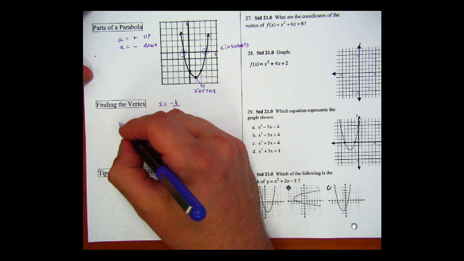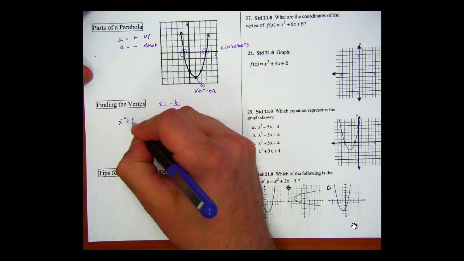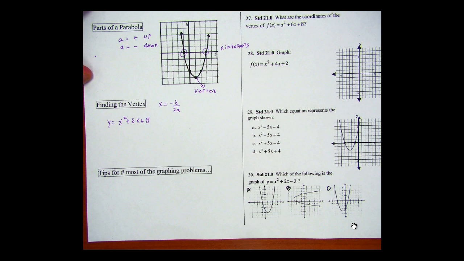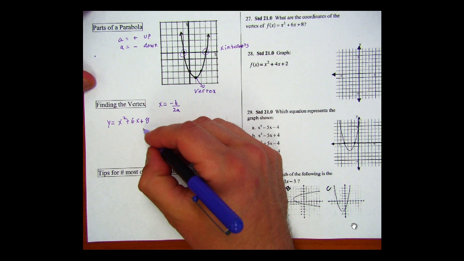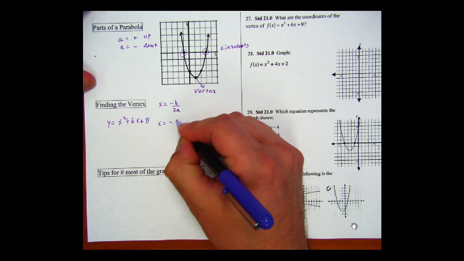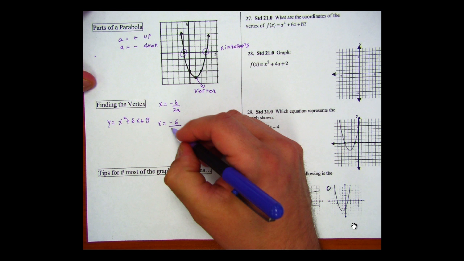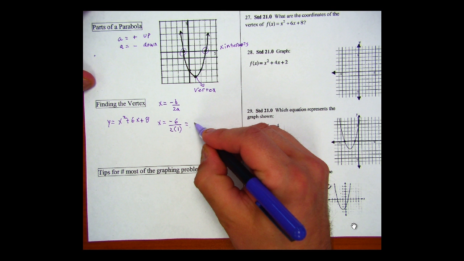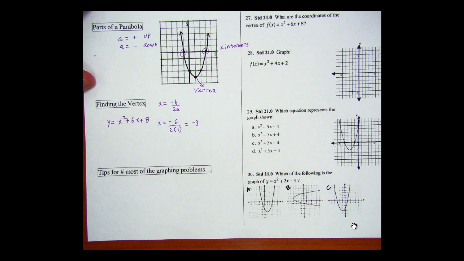So if we look at x squared plus 6x plus 8 equals y from this side over here, we can find the x value of the vertex, and the x value of the vertex is going to be negative 3.